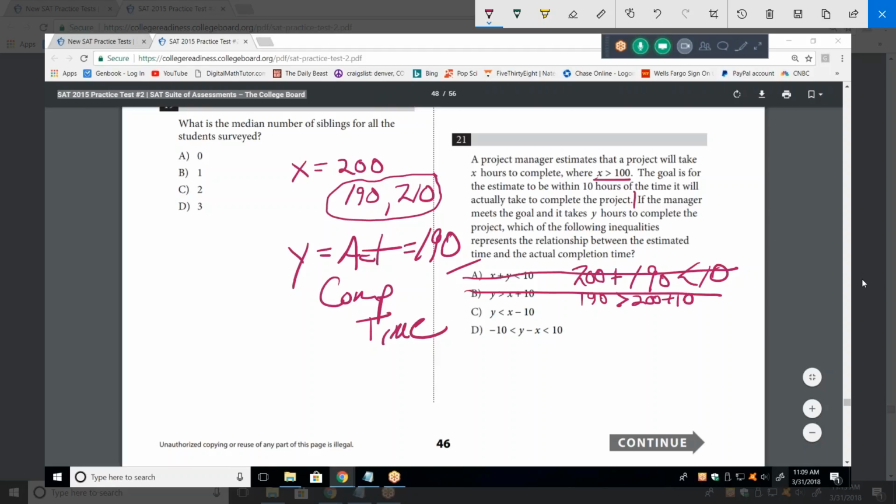Is 190 less than 200 minus 10? No. Actually, it is. And I'm sorry to confuse you. This did say greater than 100, and that means less than, so it's not less than or equal.